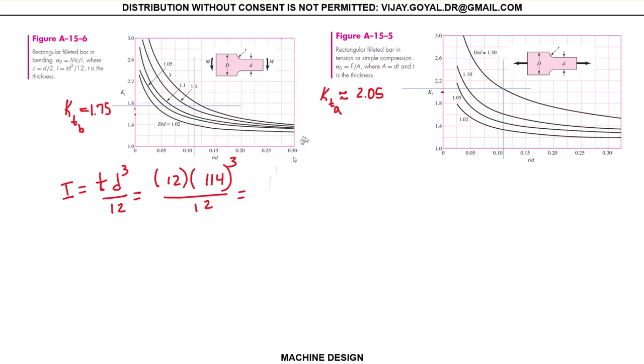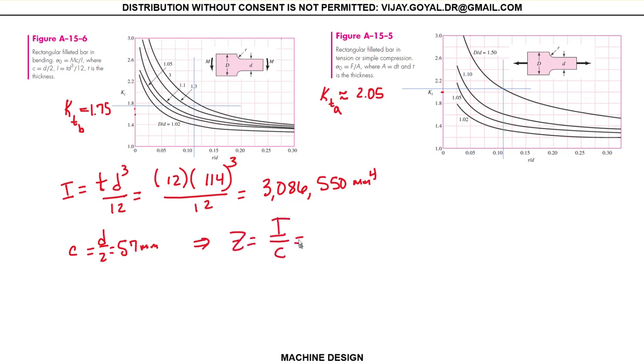That gives you a value of 3,086,550 millimeters to the fourth. Your value of c is 57, that's d over 2, by the way, in millimeters. So from here, your value of Z will be I over c.